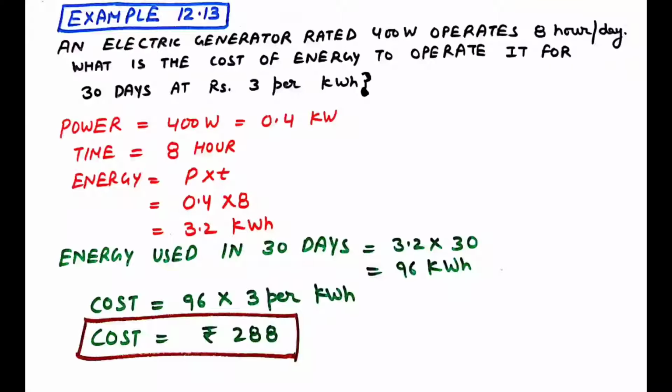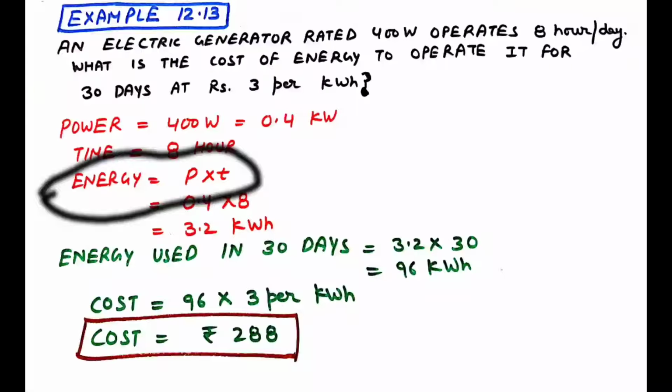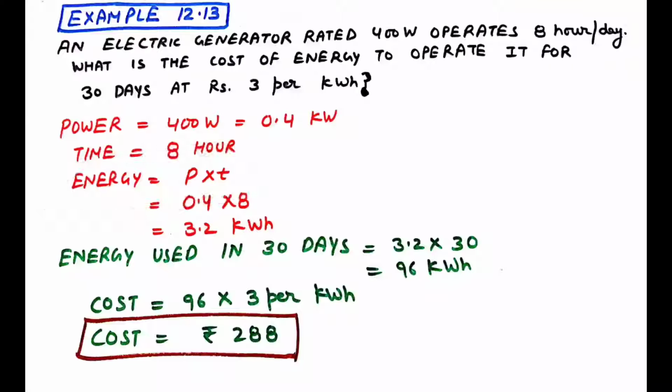As we know that power is equal to energy divided by time, by taking the time to the other side, we get that energy is equal to power multiplied by time. By putting the values of power and time, we get that energy is equal to 0.4 into 8, that is 3.2 kilowatt hours. Now this is the energy used in 1 day.